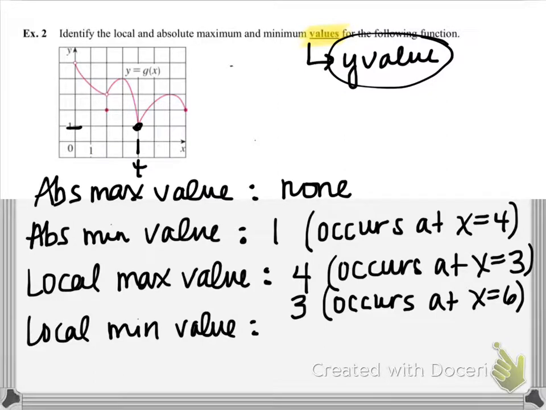So we have a local minimum. The local minimum is 1, and it occurs at x equals 4. And remember, that point was also the absolute minimum, and that's okay, because that absolute minimum can have two names. It's both an absolute min, and it's also a local min.